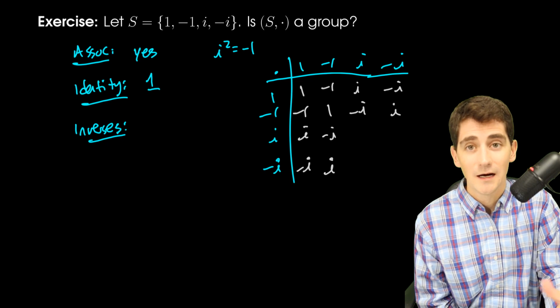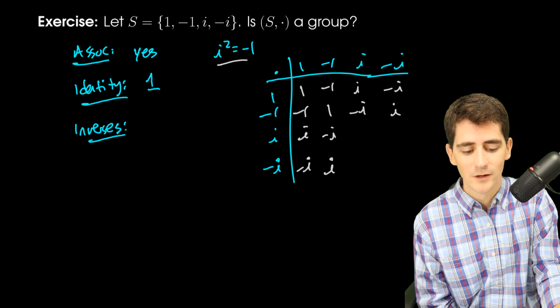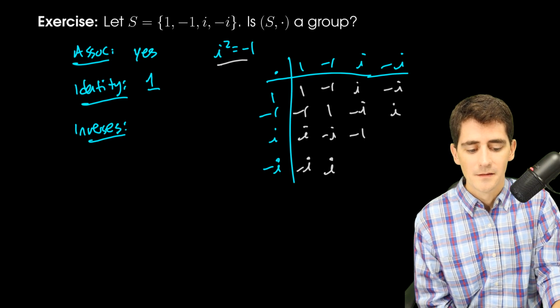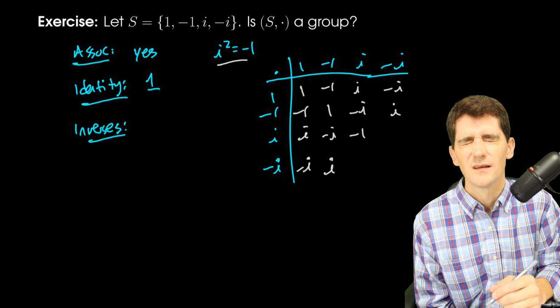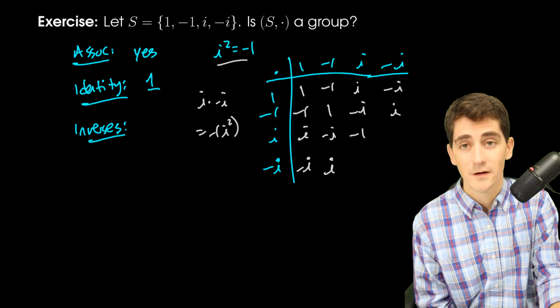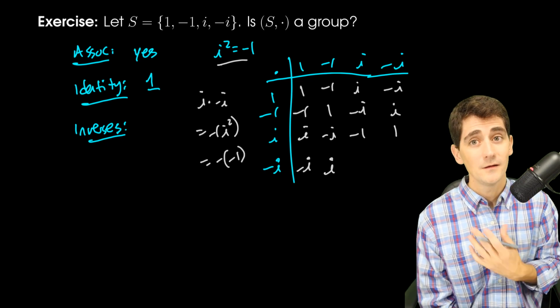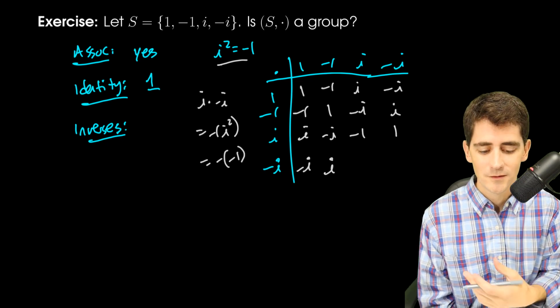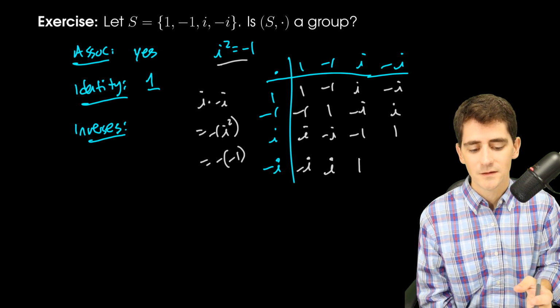Now we need to multiply i times i. i times i we define as negative 1. So i times negative i is negative i squared, which is negative negative 1, which I like to call positive 1. So negative i times i is positive 1. We get that on both sides.